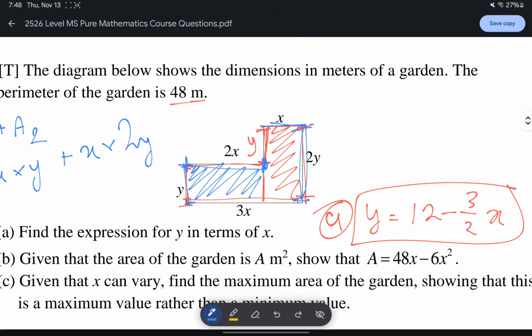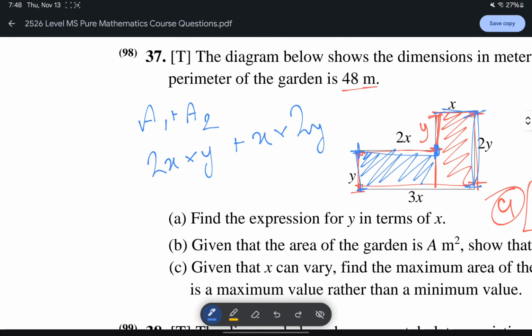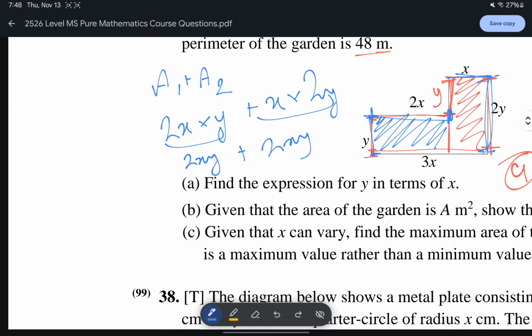Okay, that's area 1 and this is area 2. So now we have, this is our total area, 2xy plus 2xy. Okay, this part is 2xy, and this part is also 2xy. So we add these together, it's 4xy. So we'll say here that our total area is 4xy.